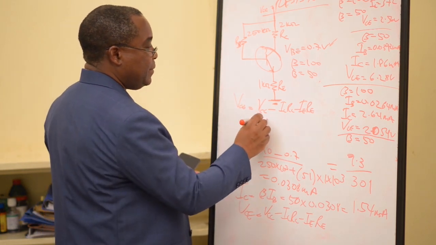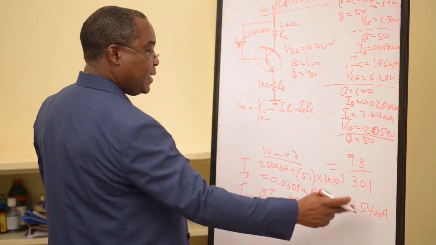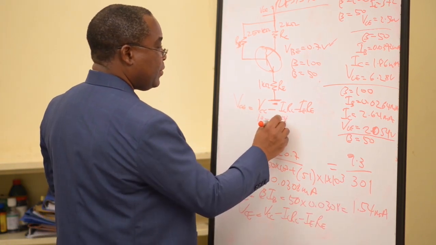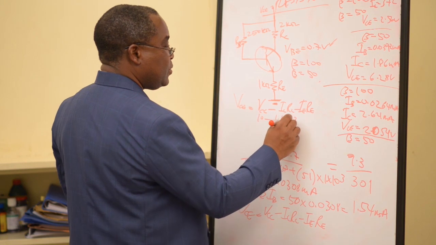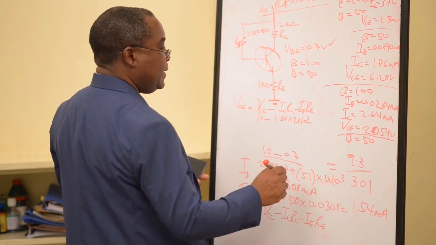VCC is 10 minus IC. Our IC here is 1.54 times RC is 2 times 10 power 3 minus our IE.